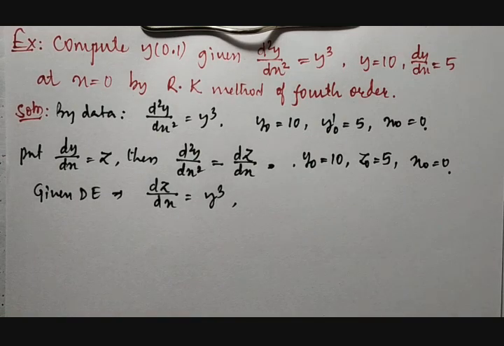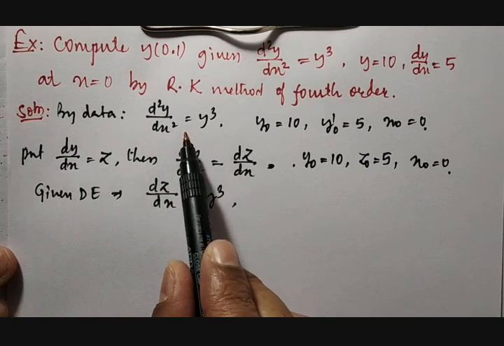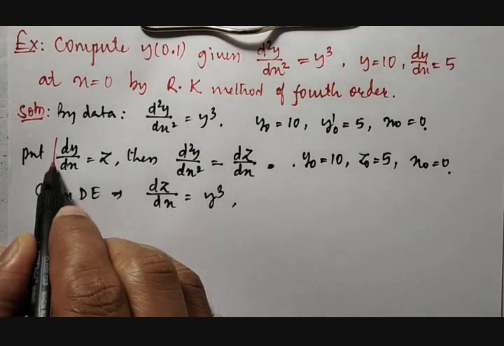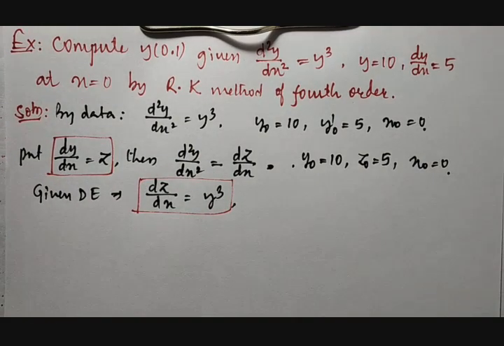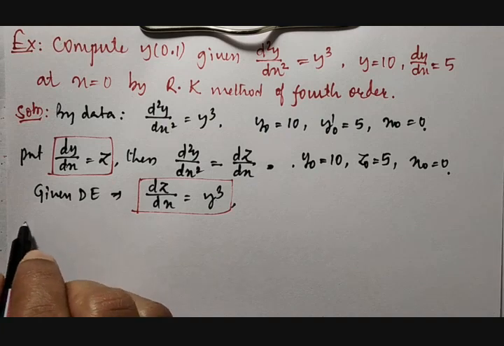Therefore, the second order differential equation is being converted into two first order differential equations. One is dy by dx is equal to z and the other one is dz by dx is equal to y cube. We will be treating these two equations as very essential for us.